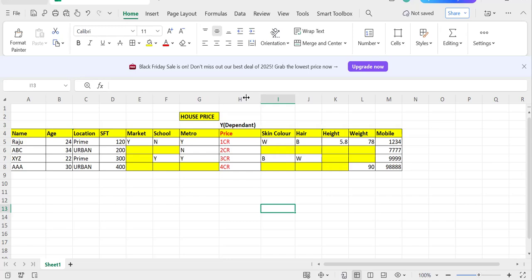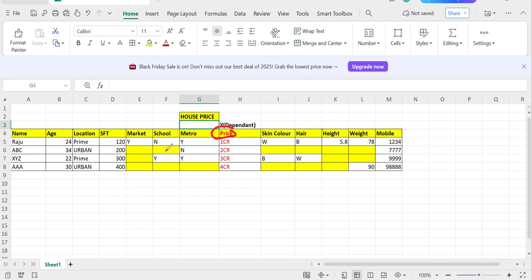Price is the dependent variable, and age, location, square feet, market, school are independent variables. Why am I telling you this? See, this is the house price.